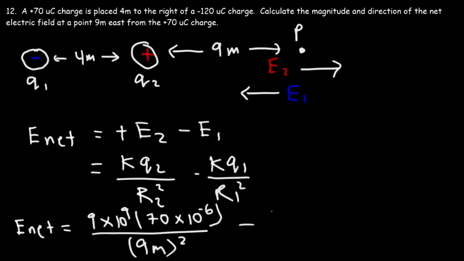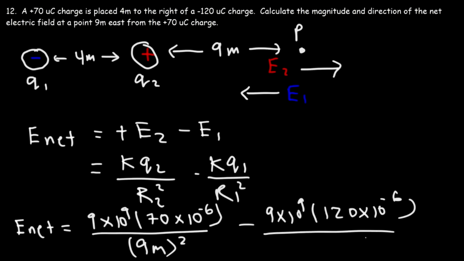Now, k is still the same. Q1 is going to be 120 times 10 to the minus 6. And Q1 is basically a distance of 13 meters away from the point charge.